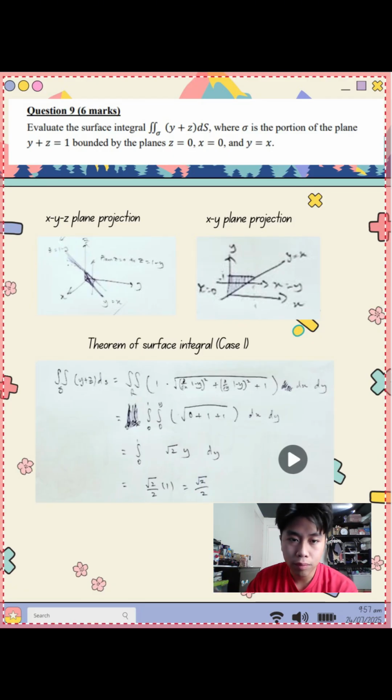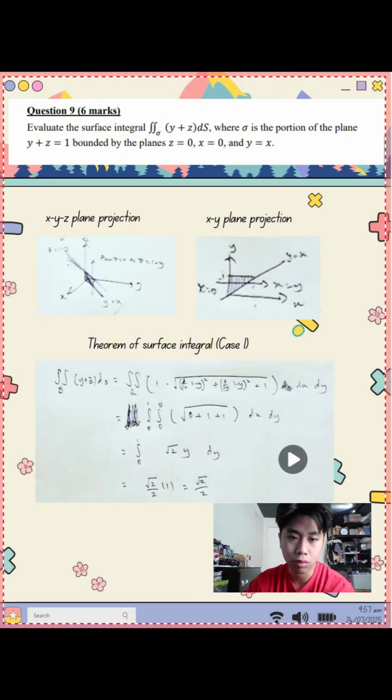Secondly, I do the xy plane projection to analyze the range. First I analyze across the x-axis, and here I get the entering plane is x = 0 and the exit plane is y = x.